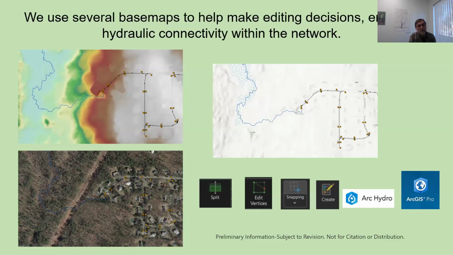The cleanup involves doing some splitting and editing vertices and snapping and creating of features, and we do all this in ArcGIS Pro. A significant piece of the processing towards the end is the use of the ArcHydro data model.